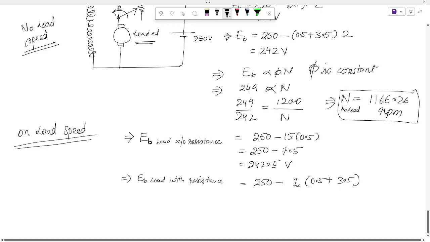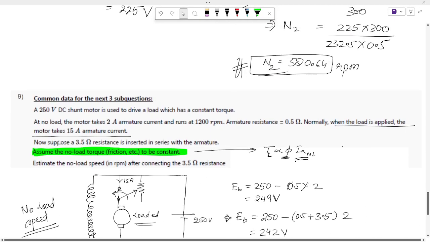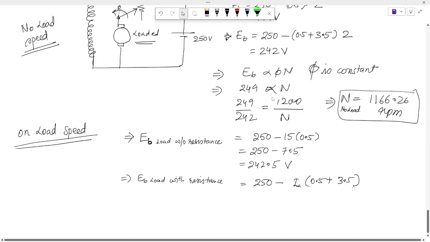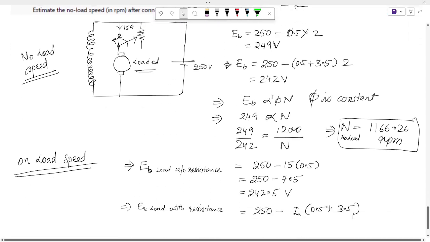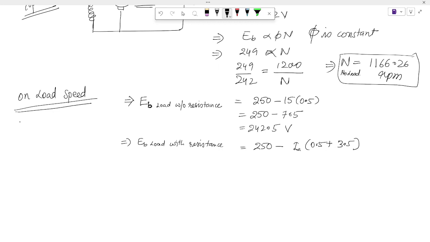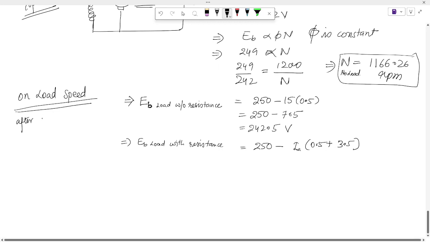So what are we calculating? The on load speed after connecting 3.5 ohm resistance.